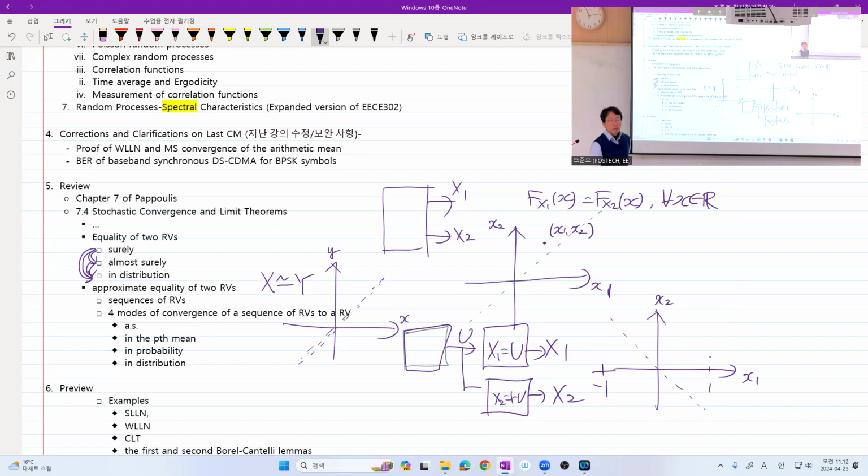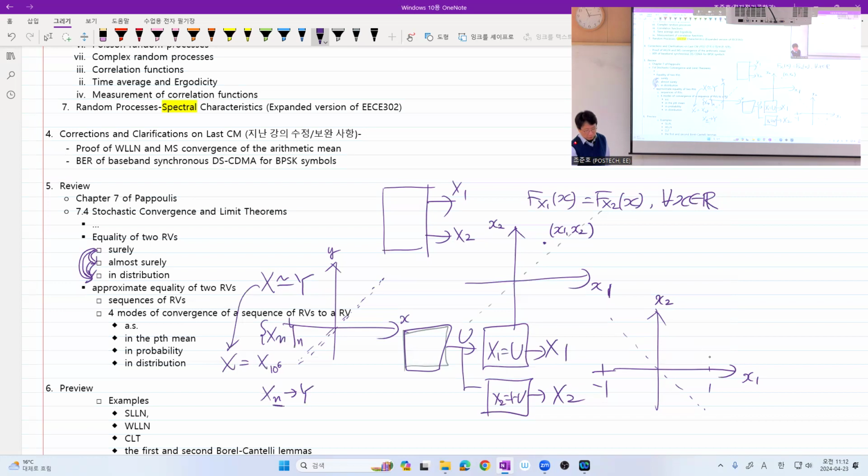And what do we do to claim such a thing? We construct a sequence of random variables, x_n, where x with a very large parameter equals this random variable, for example. In that case, if you show that this sequence of random variables converges to y in some sense, then what can you say?